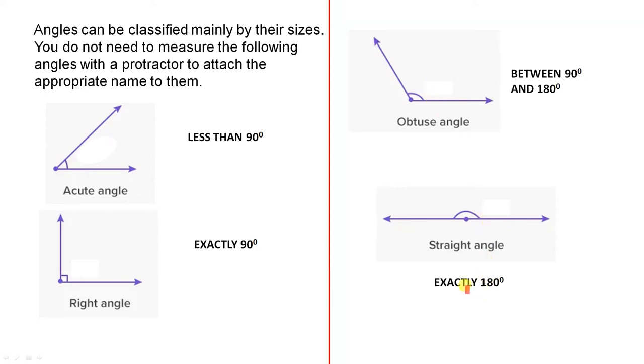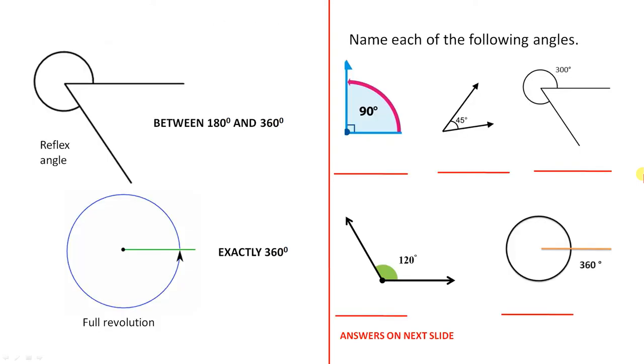If an angle is exactly 180 degrees, we call it a straight angle, which in effect is a straight line. So from here, right around there is 180 degrees, just as we saw in the protractor on the previous lesson. If an angle is between 180 degrees and 360, it's called a reflex angle.